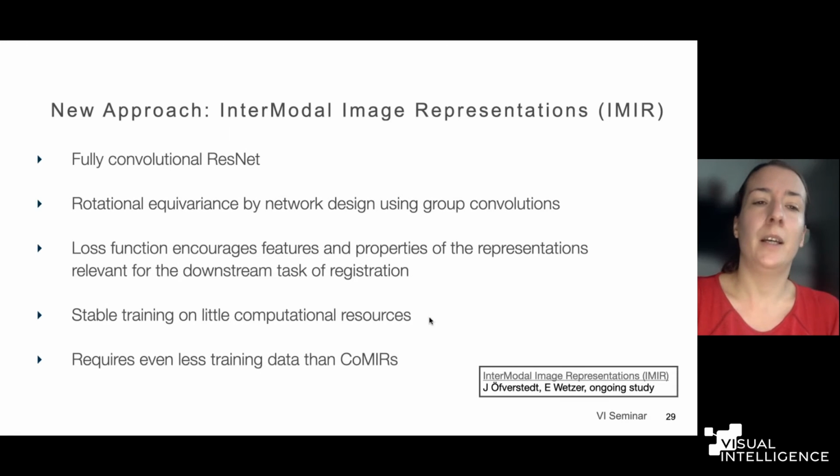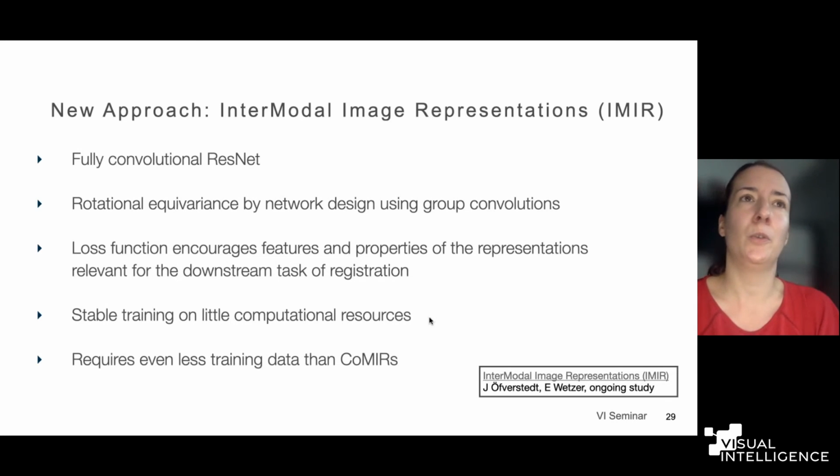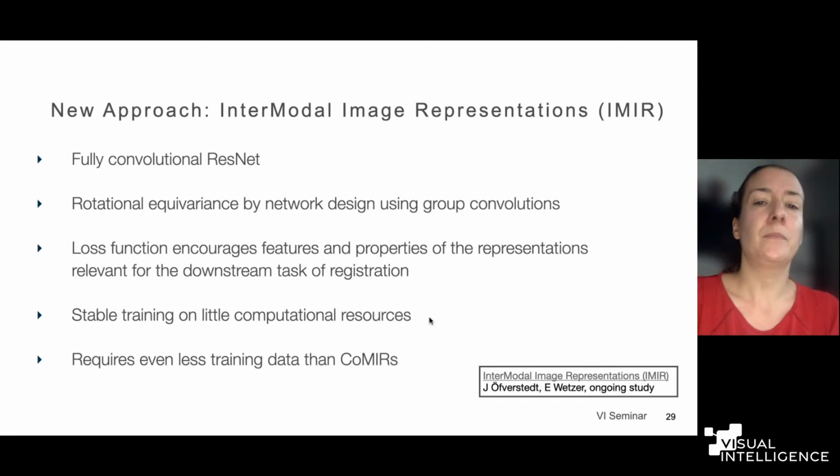And that worked pretty well. So we started working on, on the one hand, changing the architecture for these representations, but also adjusting the loss to encourage properties that are particularly relevant for registration.